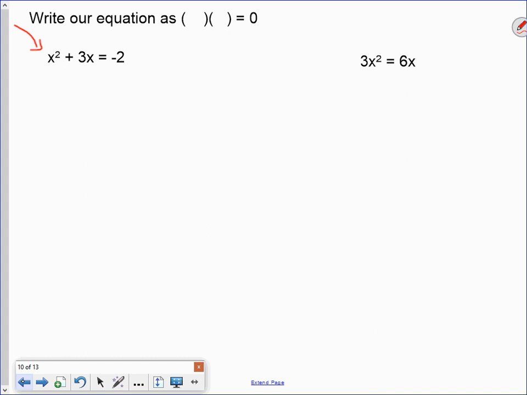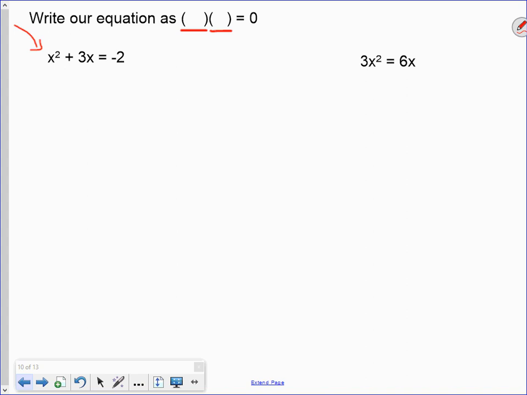So here I've got x squared plus 3x equals -2. In order to solve a quadratic equation like this, all of the ones that we've been doing up until now have been written in this form: something times something equals 0.